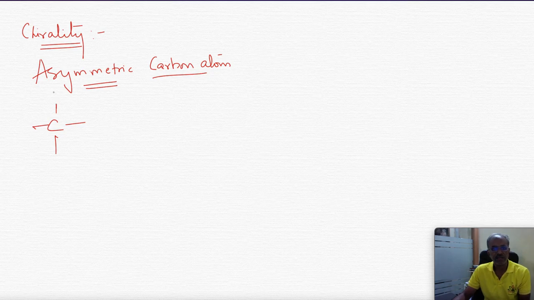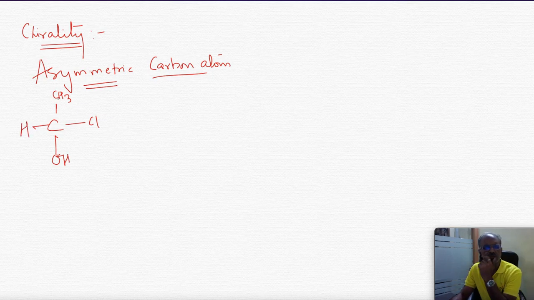If 4 different functional groups are attached to a carbon atom, take for instance CH3, Cl, OH, and H, then 4 different atoms are attached.